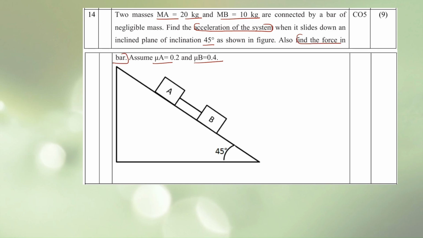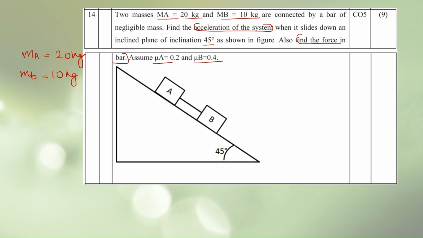First we can find the acceleration of the system. Before that, we can write the data given. MA is equal to 20 kilogram and MB is given as 10 kilogram. We need to find the net downward force on the inclined plane.